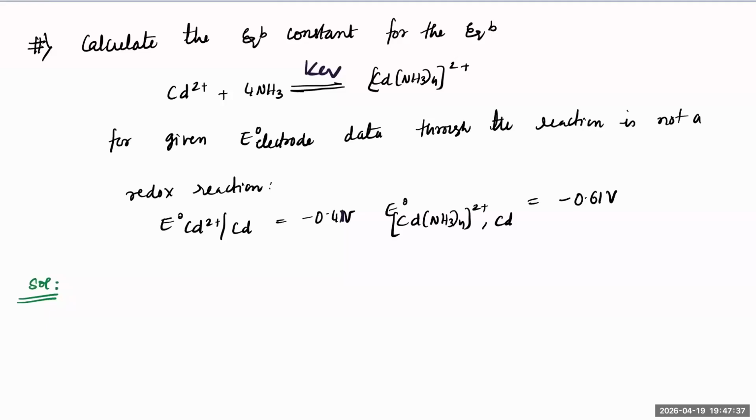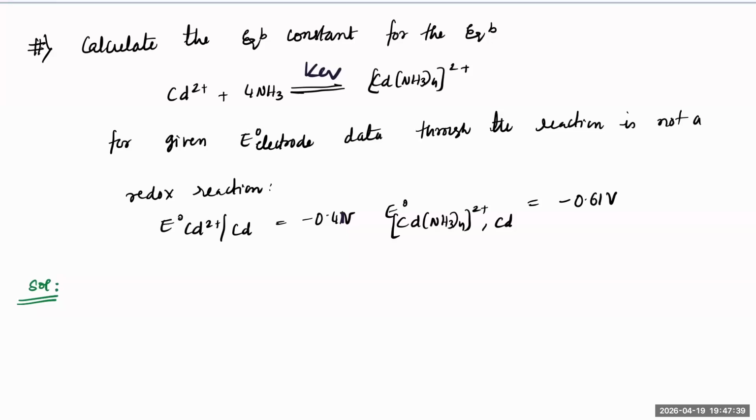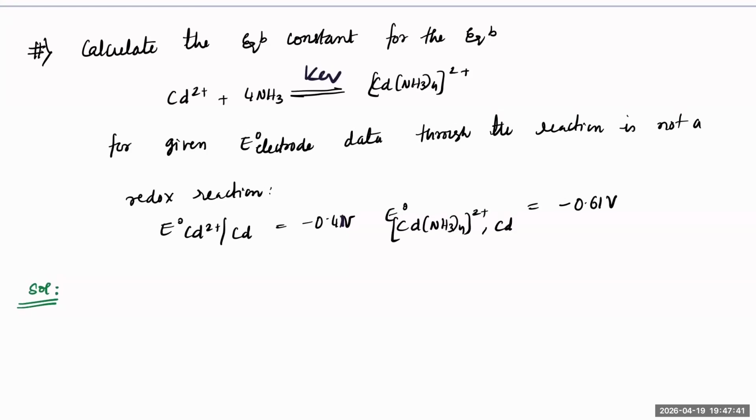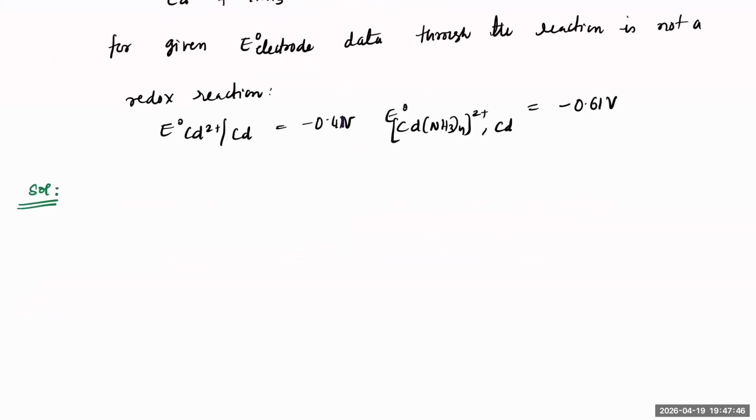Notice how we can do this. Basically, you write the electrode equations for cadmium in both these cases. So how do I write that? Cadmium 2 plus plus 2 electrons is giving cadmium solid. Let this be equation 1.